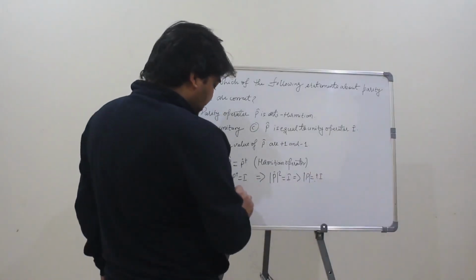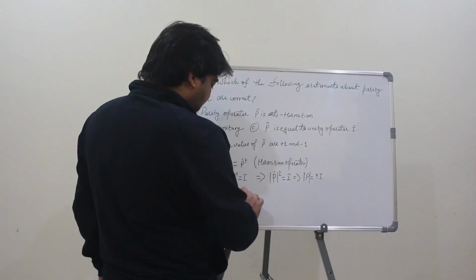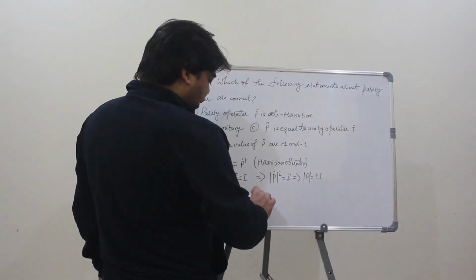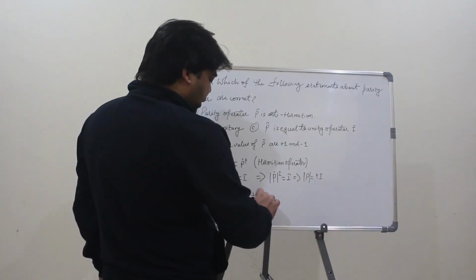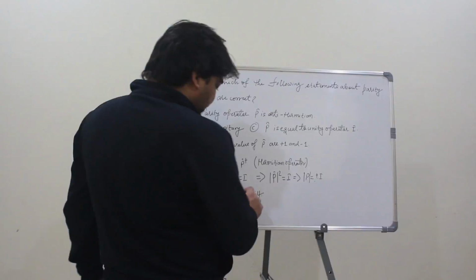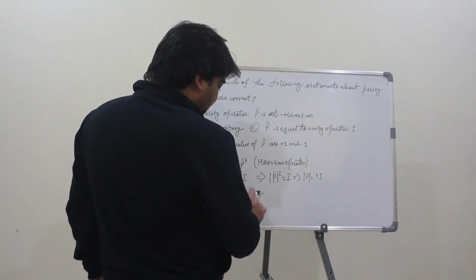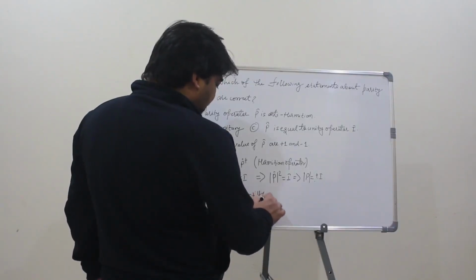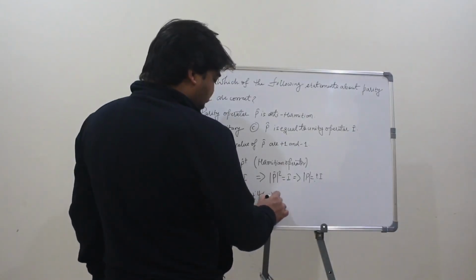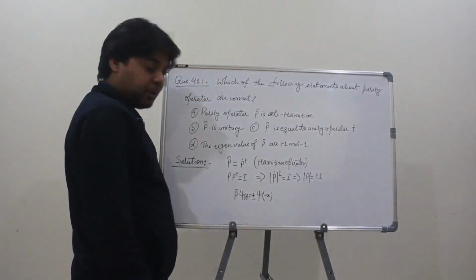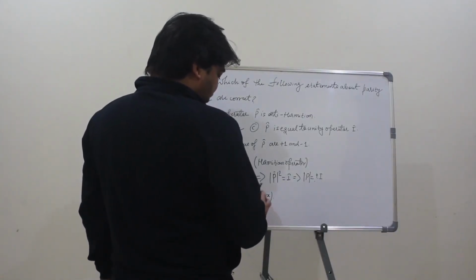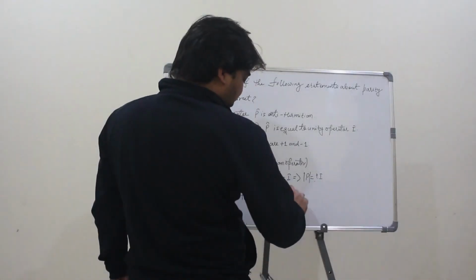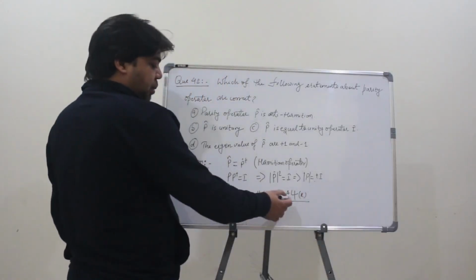If you calculate the eigenvalue, P cap operating on psi gives you plus or minus psi. It changes the sign. If x is there, then it goes to minus x, so it gives you psi of minus x, which gives plus or minus psi of x.